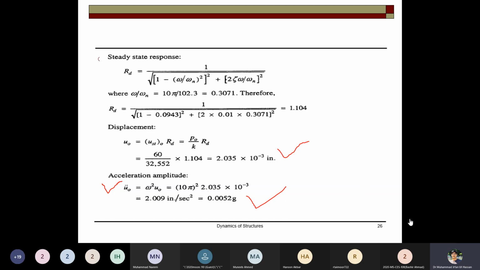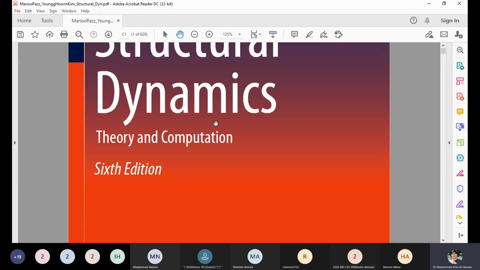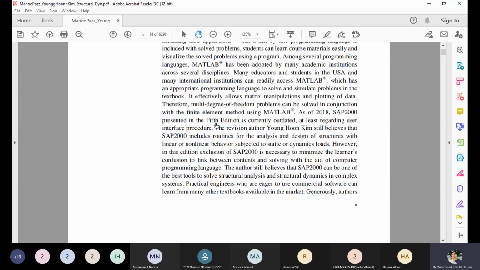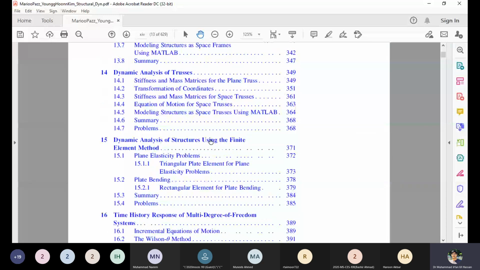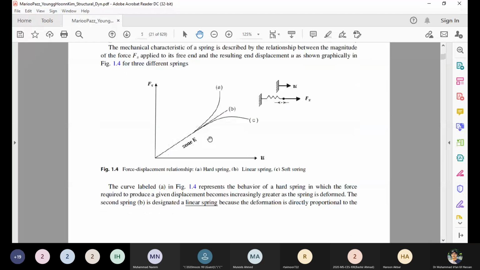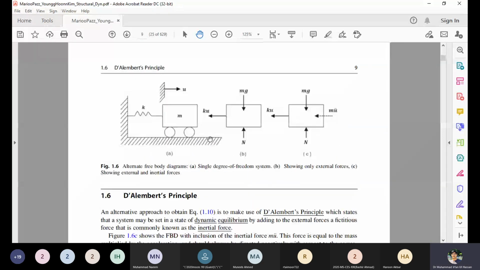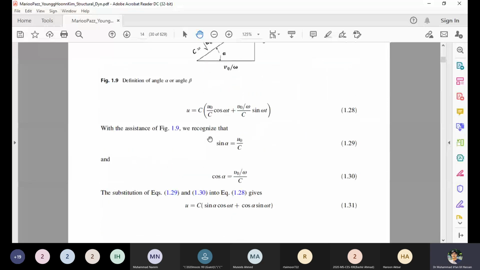Similarly, all these things that I have taught you are also given in your Mario Paz book, and some MATLAB programs related to this chapter. Chapter number 1 we have studied, number 2 also.